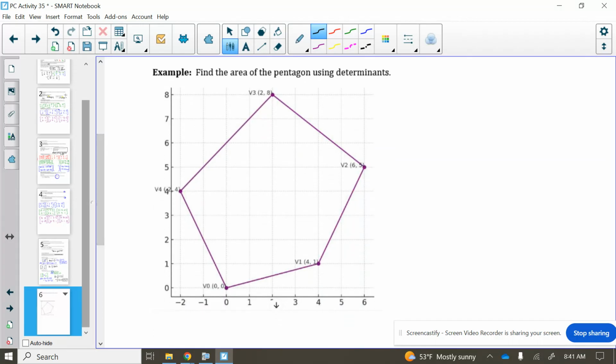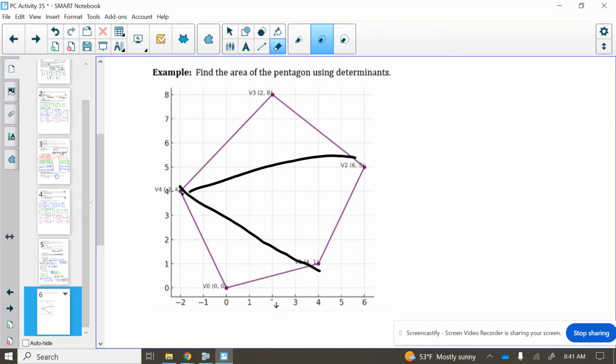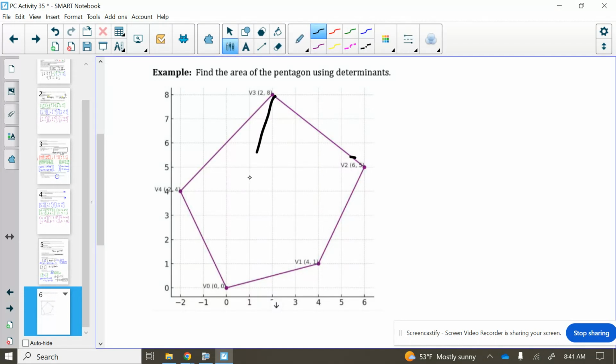All right, for our last example, we are looking to find the area of this pentagon using determinants. So notice this pentagon can be divided up into multiple triangles, and that then can be used to help us find the area. Now notice officially we have different ways we are able to divide this up, right? We could create triangles all over the place.